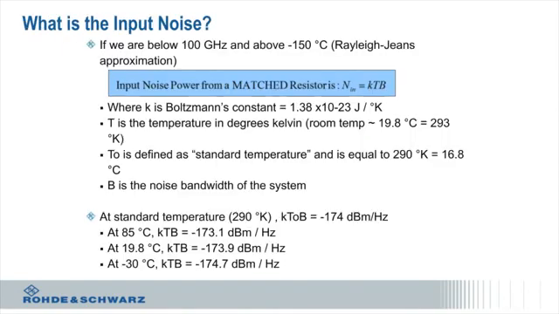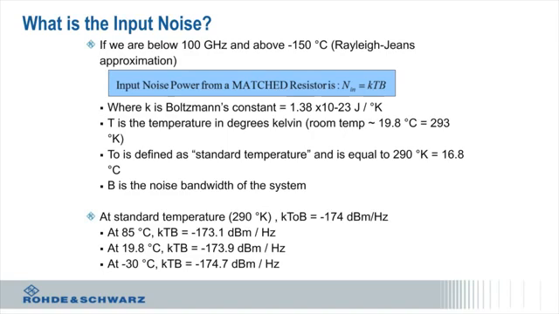Okay, so input noise, this is really the key thing that you're going to be focused on. Rarely do you play with signals that are above 100 gigahertz, but this is the kind of standard approximation that people will see. Below 100 gigahertz, the noise is governed by KTB. So that's Boltzmann constant for those of you who've done physics, temperature in Kelvin, and the bandwidth of the system.